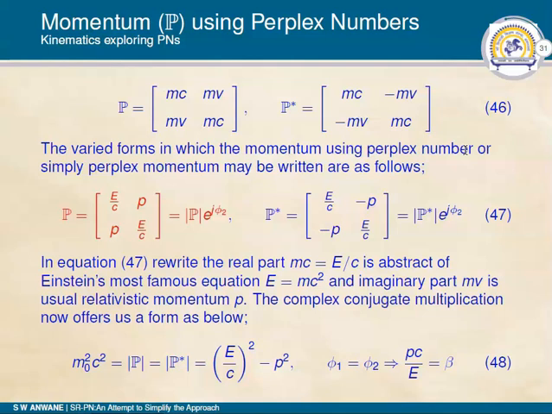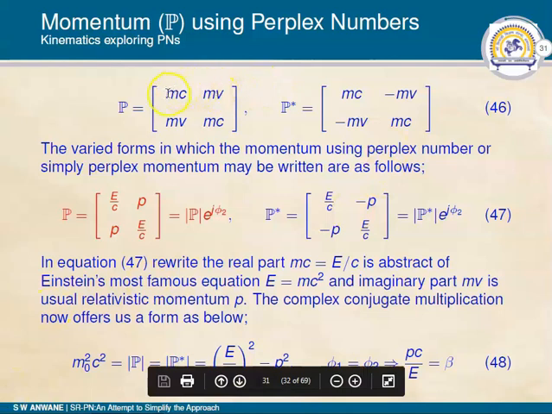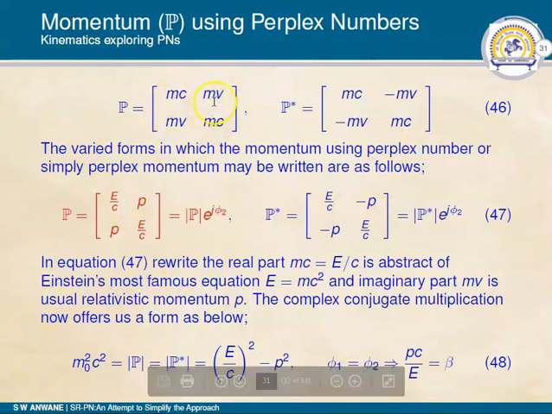Now if we explore that E equal to mc squared, we can write E by c equal to mc. So here I want to replace this mc by E by c, and m into v is the relativistic momentum that we define in special relativity. So the perplex momentum can now be relooked at as the ordered pair (E upon c, p).